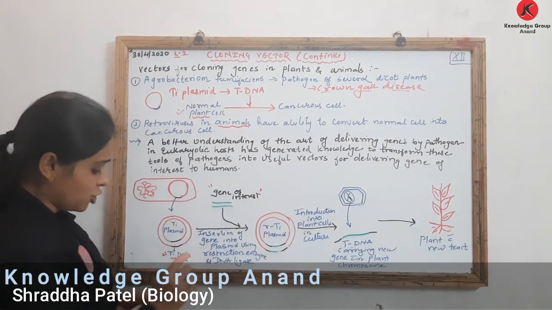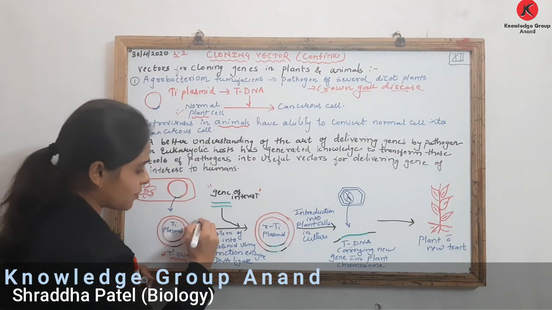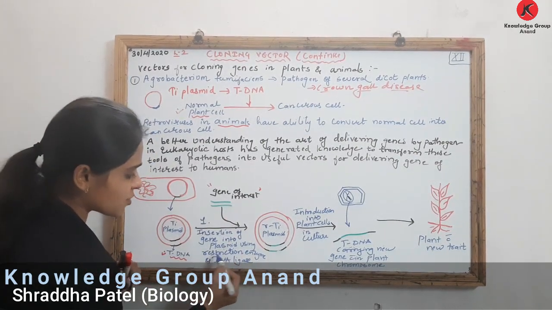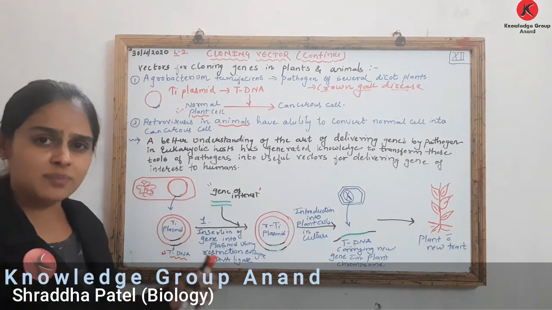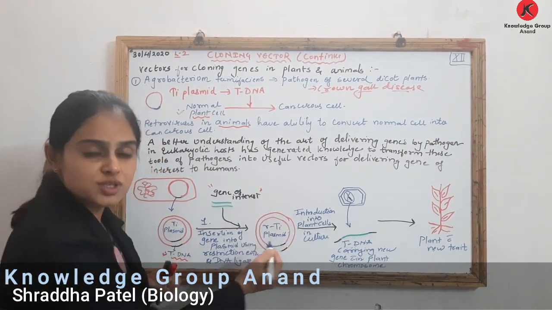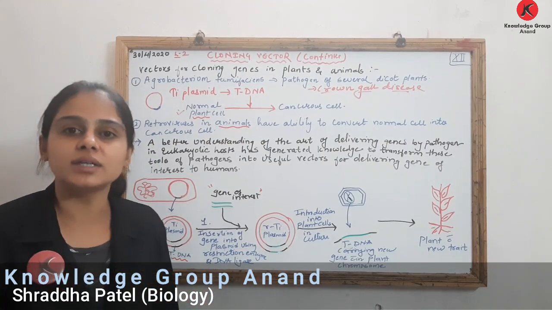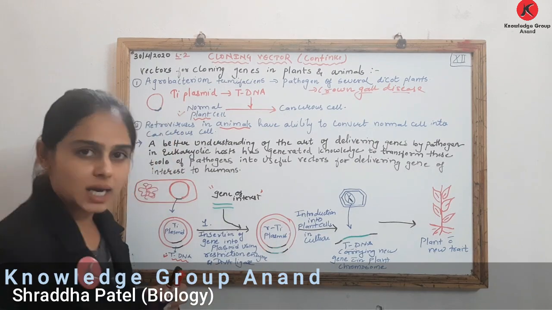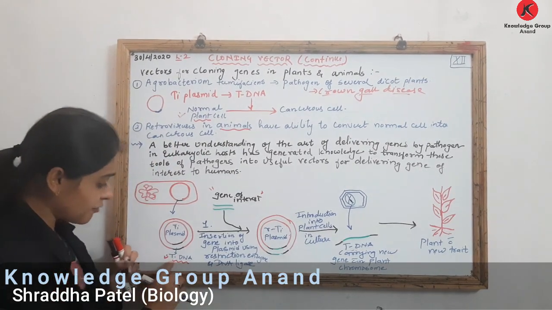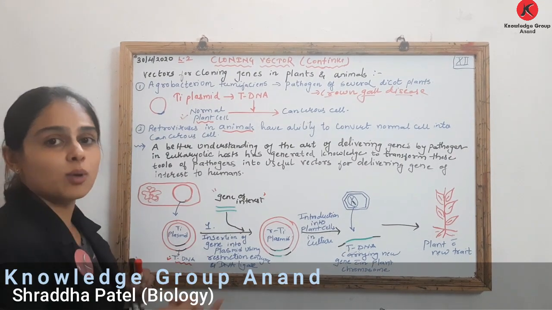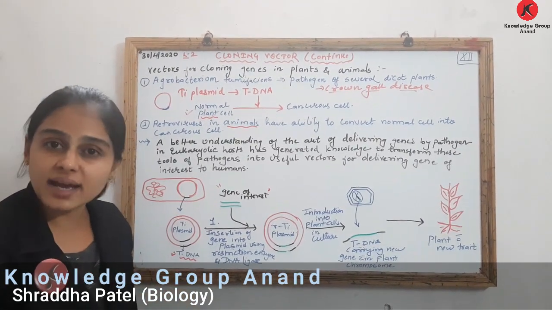So this represents your step number 1, that is insertion of gene into plasmid using a restriction enzyme, then joining by DNA ligase. This forms your recombinant Ti plasmid. Now this tDNA becomes inactive, which you can call insertional inactivation.